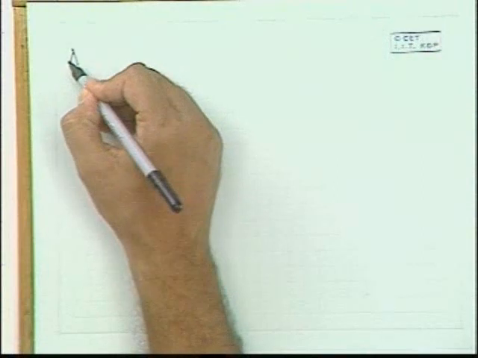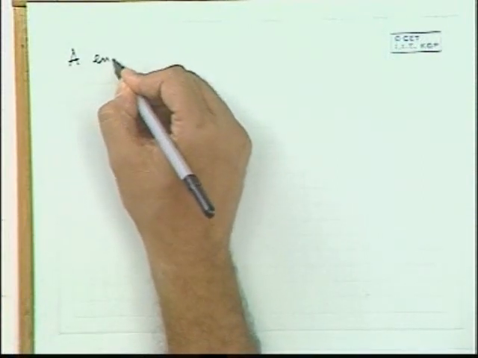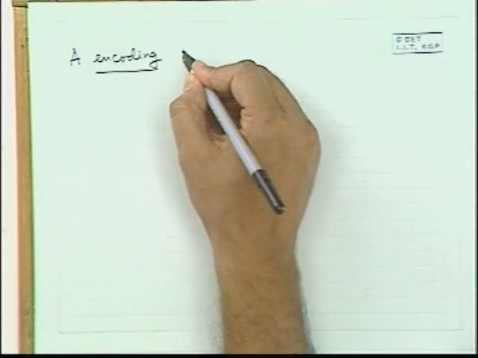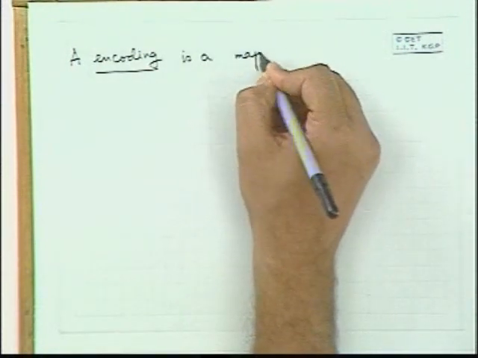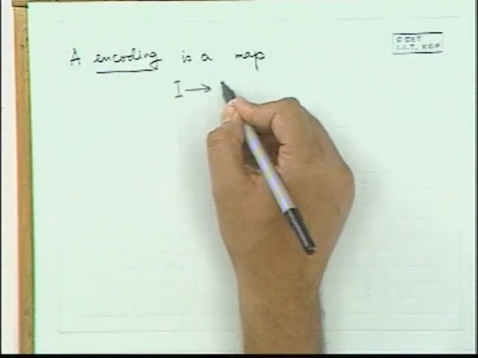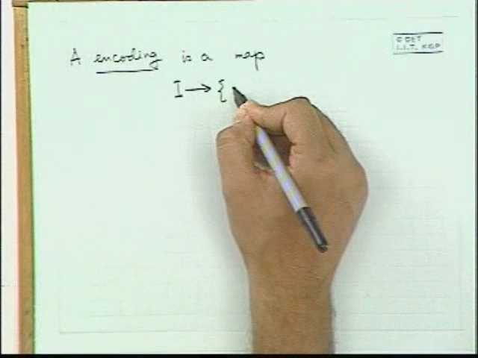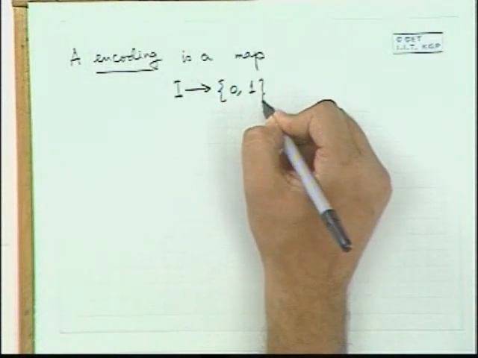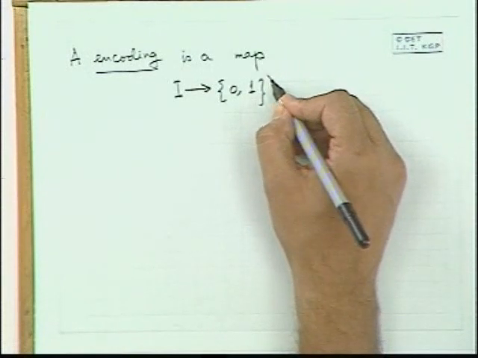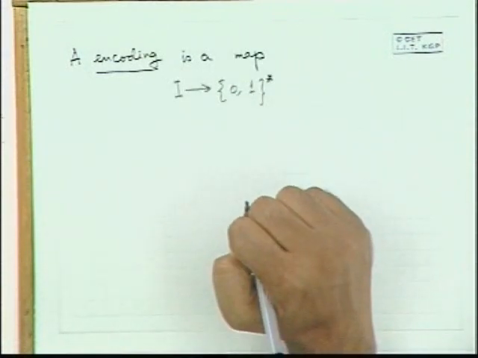And encoding is a map which goes from I, the instance, to the strings of binary numbers, zeros and ones. Now the strings of zeros and ones are represented sometimes as {0,1}*.